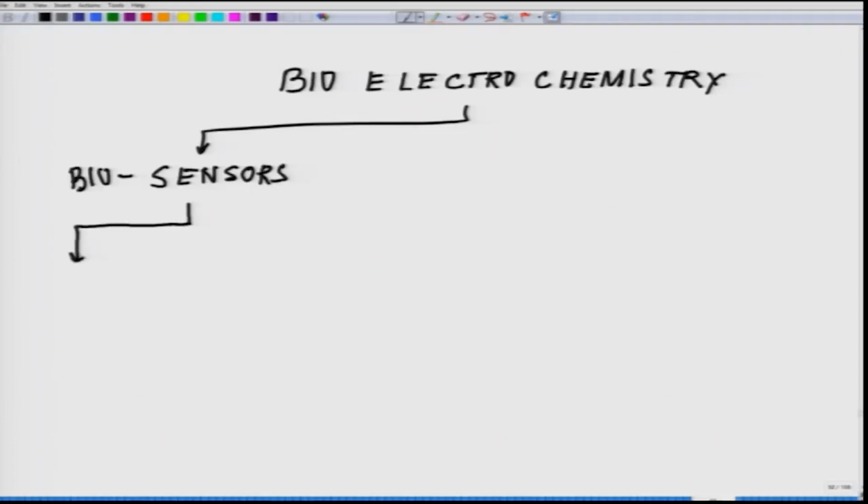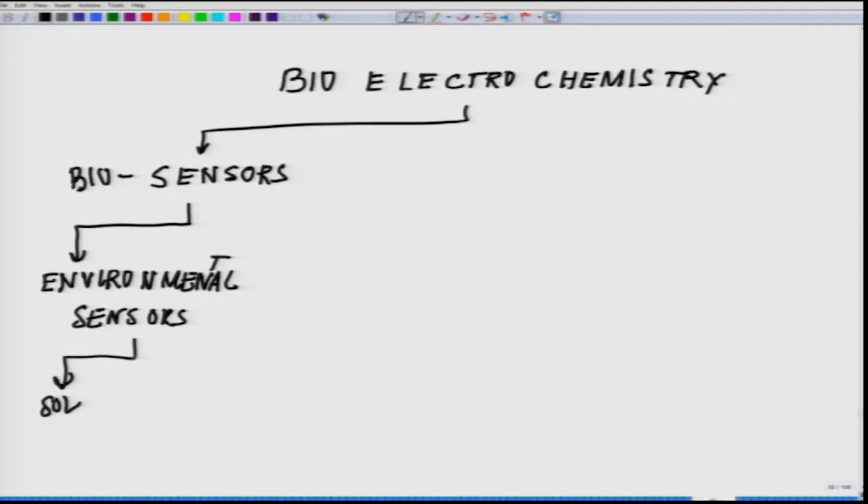Biosensors could be further divided into environmental sensors, which could be soil, water, as well as air.